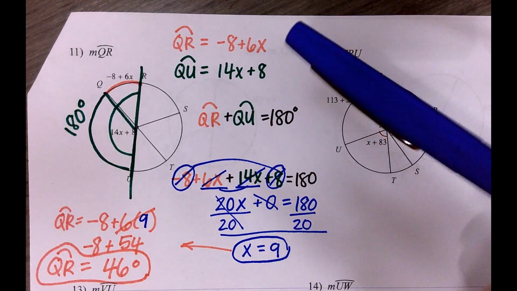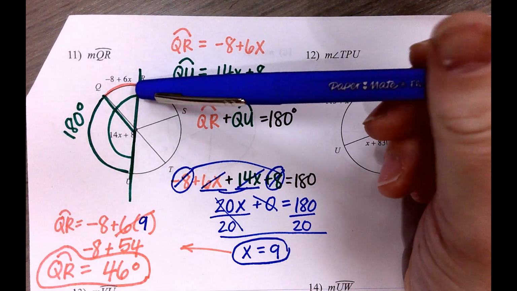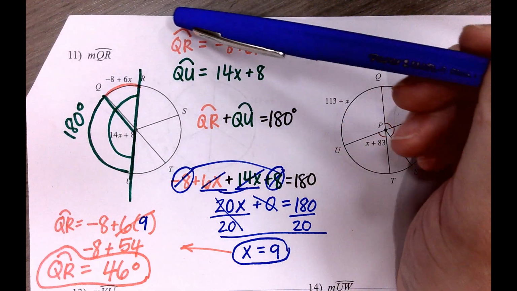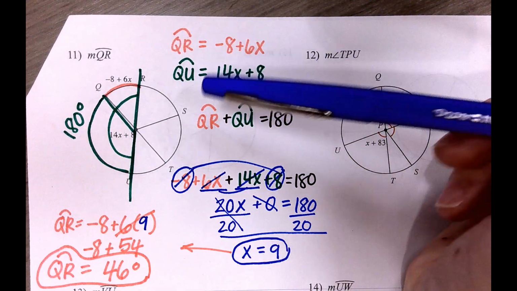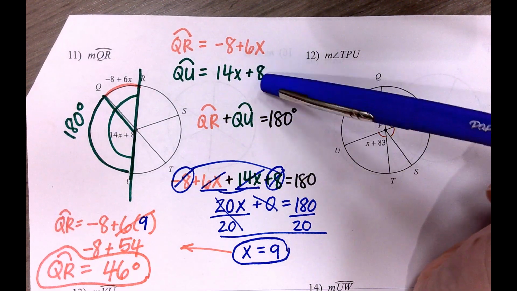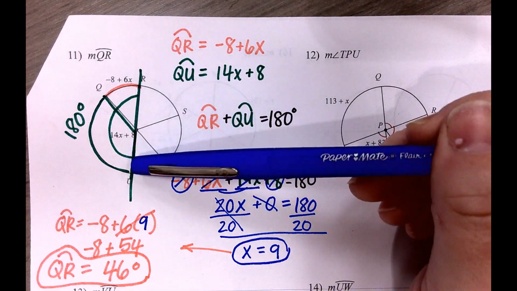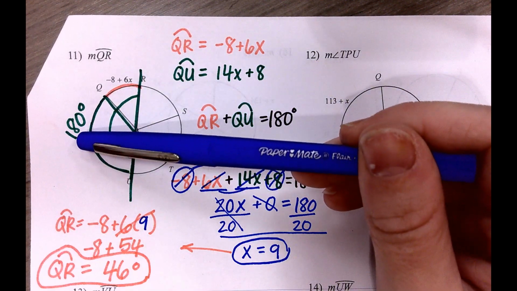So, recap. We needed to find QR. I saw that it was -8 plus 6x, so I labeled that. I also know QU is 14x plus 8, and I saw that those two arcs make up half of the circle, which is 180 degrees.